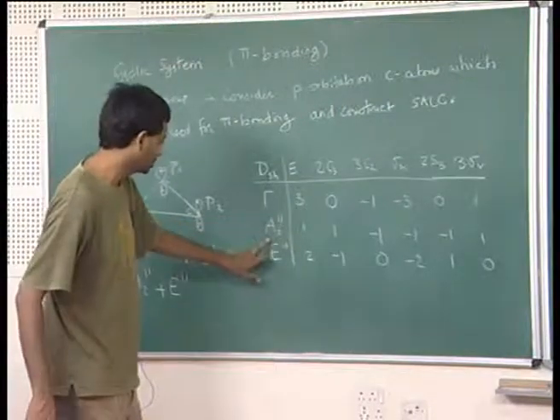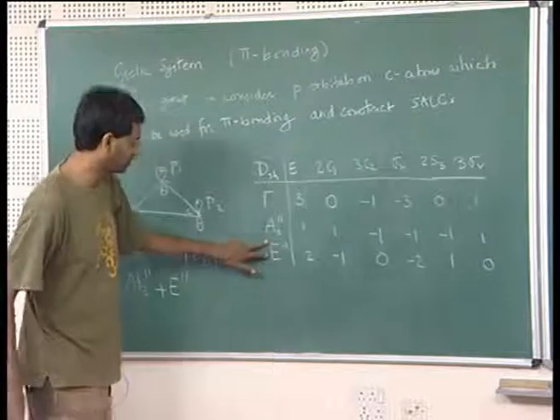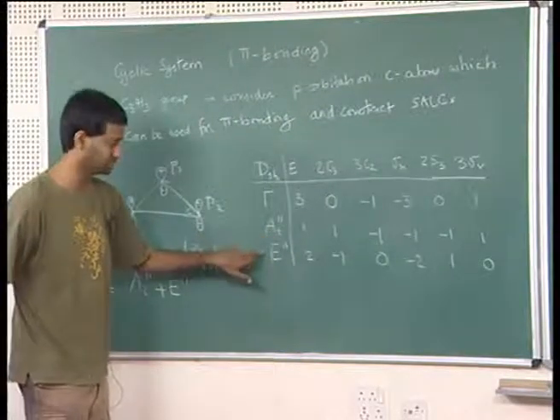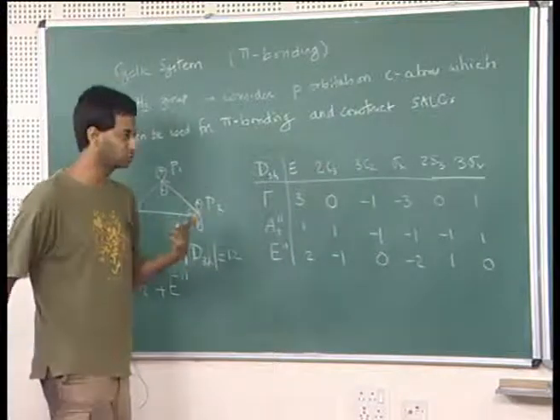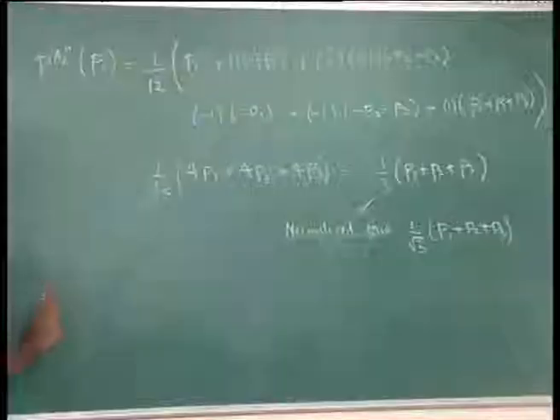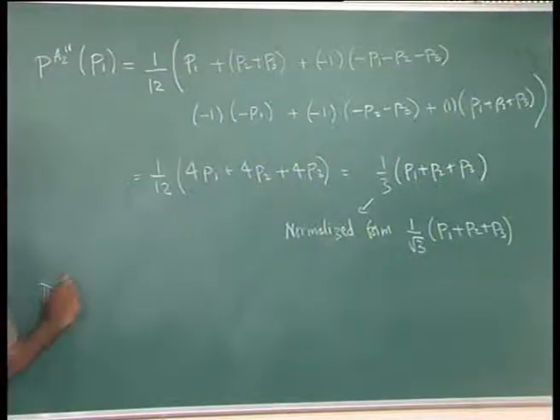Now we want to find two functions which together form a basis for E double prime. E double prime is a two-dimensional representation. So you need two functions. So what are those two functions? In order to do that, let's do the projection onto E double prime of P1.